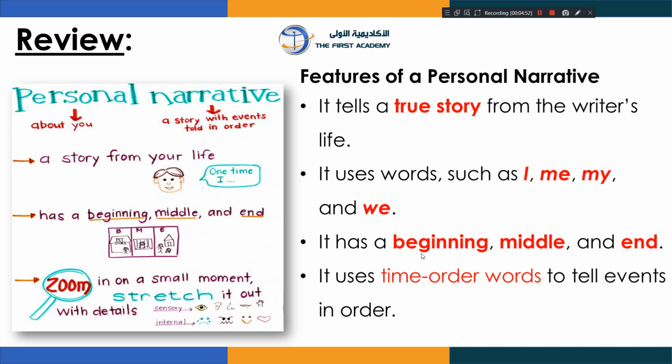It has a beginning, a middle, and an end. And it uses time-ordered words to tell events in order. Words like first, then, after, next, and finally or last. So those are the words that you can use as time order words.